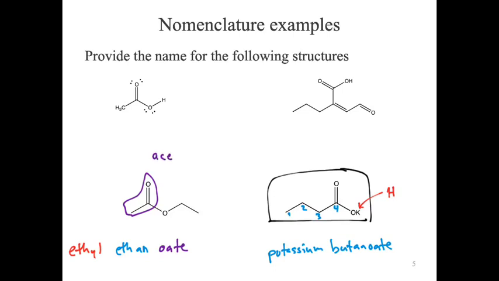Well, that's clearly an acetate with a 2-carbon attachment, ethyl acetate. Note, we have that ATE ending. We're not calling it an OATE, probably because acetoate sounds stupid. So we switched it up to acetate. Okay. Everybody agree? Clearly acetate.